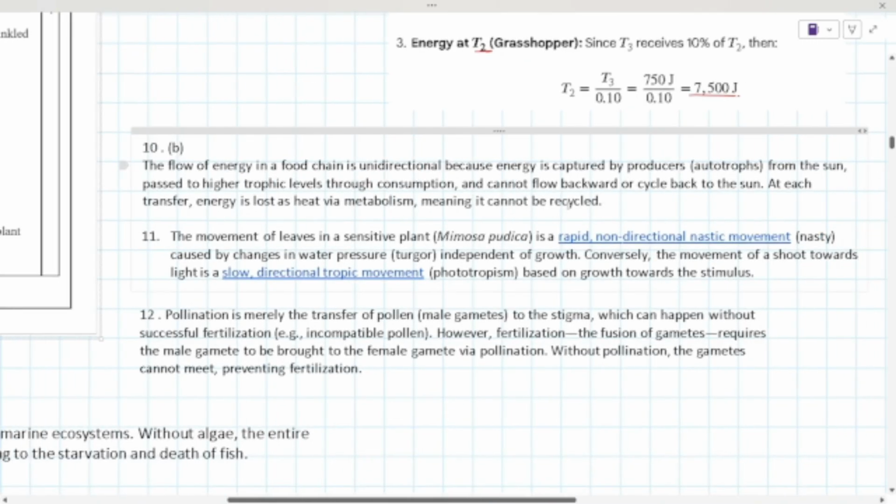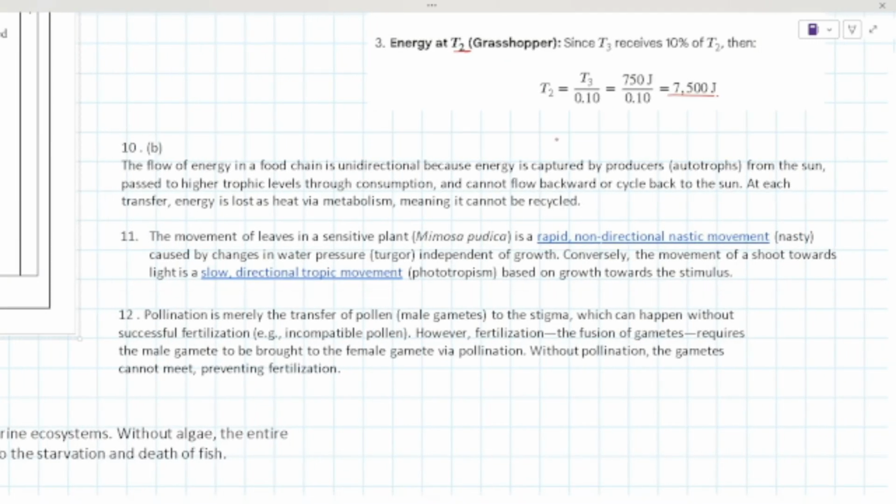The flow of energy in a food chain is unidirectional because energy is captured by producers, that is autotrophs, which produce energy from the sun, or you can say with the process of photosynthesis. So it generates food by itself, that's why it is called autotroph. Auto means by self. Then it is passed to the higher level through consumers and cannot flow back.